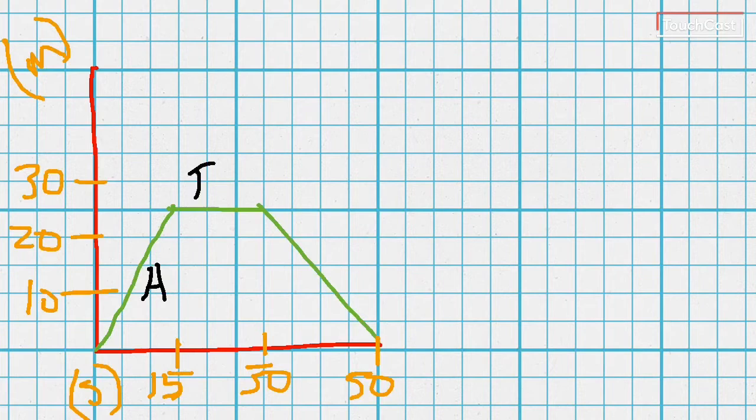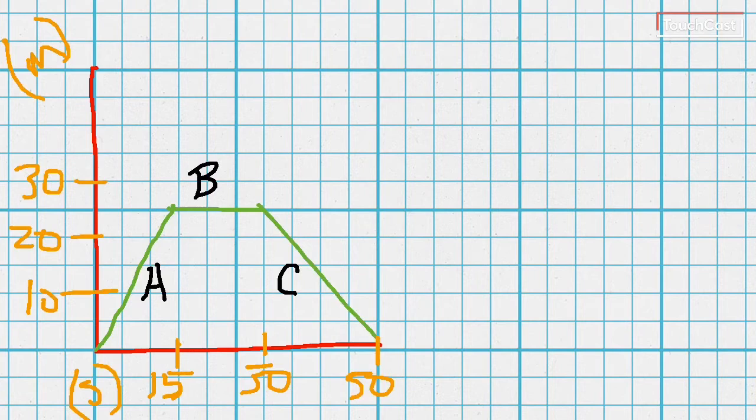We have B, and a flat line in these displacement versus time graphs means no motion. I really want to point out that zero slope means no motion in displacement versus time, because that's not the case for all graphs, which you'll see in my next video, which covers velocity versus time. For now, it means no motion, and then we have a negative slope here, and that means some kind of constant velocity again, because it's a straight line back towards the original point.